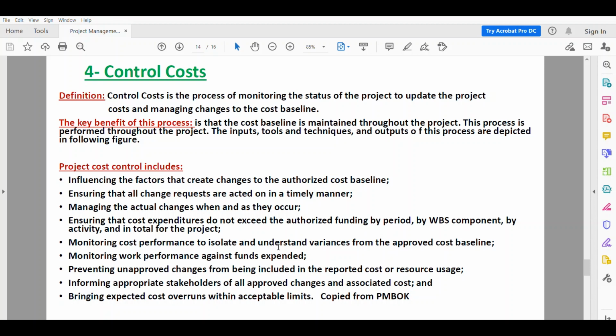So any change request which is not approved, you should control and monitor that it is not included in the expenditure. Informing appropriate stakeholders of all approved changes and associated costs. And lastly, bringing expected cost overruns within acceptable limits.